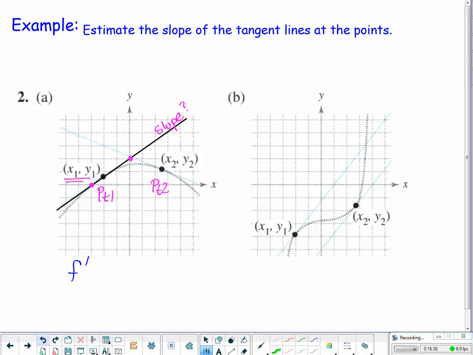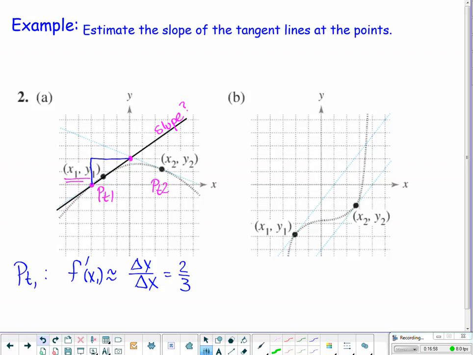I'm going to say f prime of x sub 1 is approximately, we're going to say delta y over delta x here, trying to get a slope estimate. So I'm going to have to travel up 2 units and over 3 to get my slope. So it looks like a positive 2/3 slope for this particular point number 1.